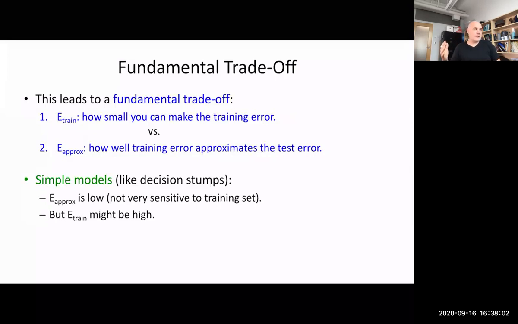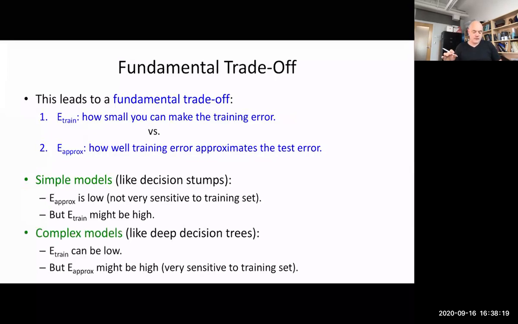To be very concrete, for simple models like decision stumps, E-approximation is low by virtue of the fact that the test and training error are likely to be pretty close, but the training error might actually be pretty high. For complex models like deep decision trees and other models that we'll see later on in the course, the training error can be quite low, but the approximation error can be very high.